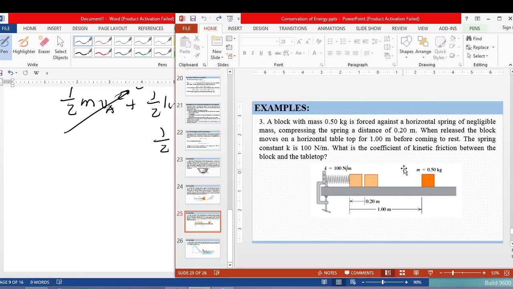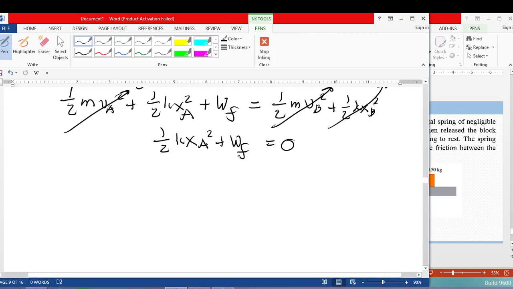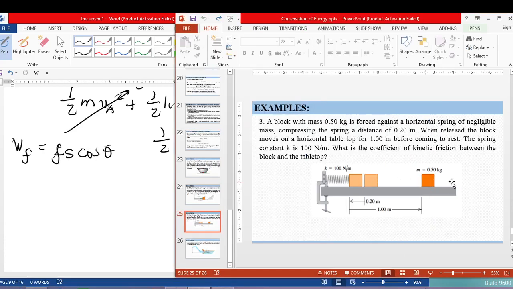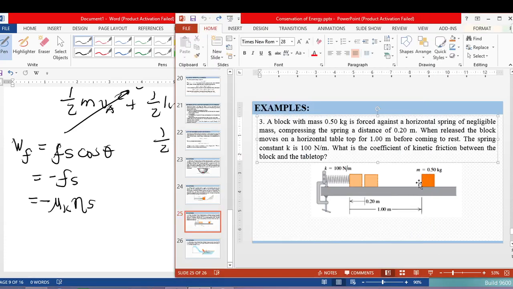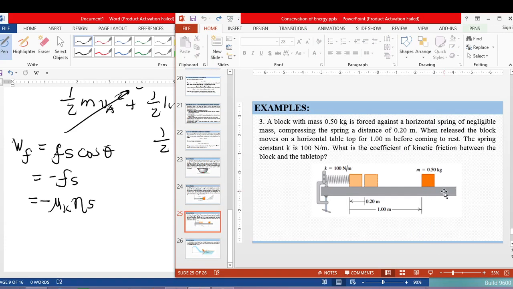So what we are looking for is the coefficient of kinetic friction. Remember that the work done by friction is equal to F s cosine of theta. Since it is straight line motion, the angle between the friction and the displacement is 180 degrees, so we get a negative F s. And we know that friction has a magnitude of mu k N, times s, the displacement. But what is your N? So again, go back to the free body diagram.